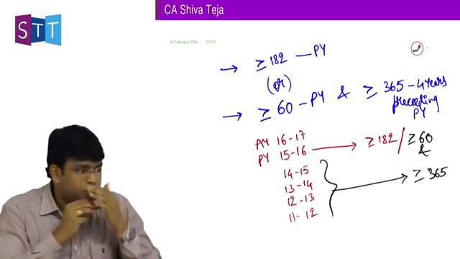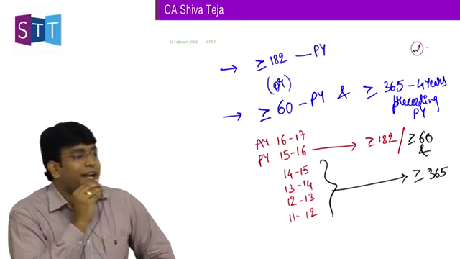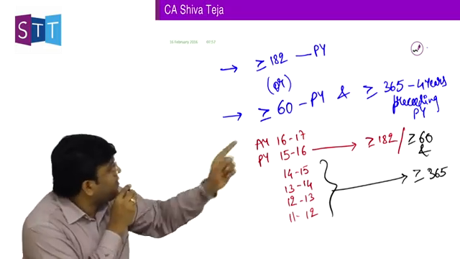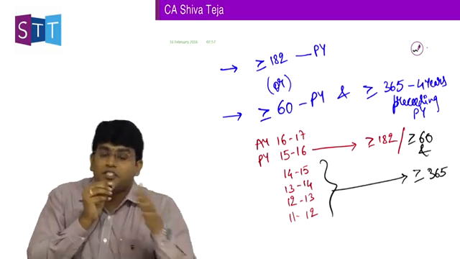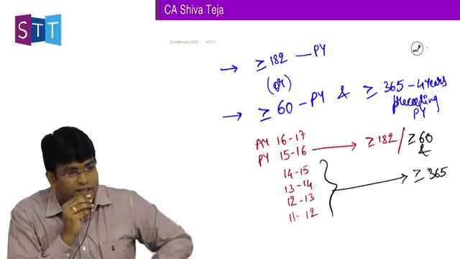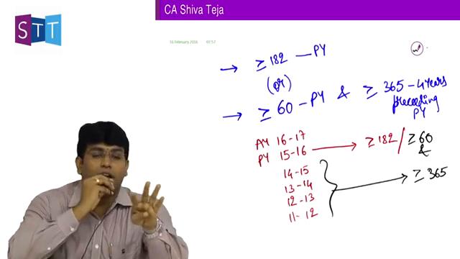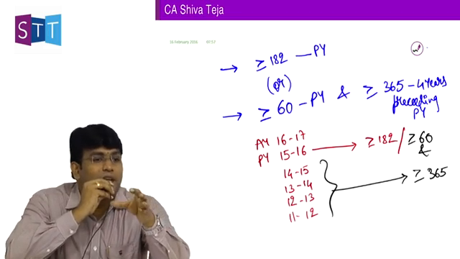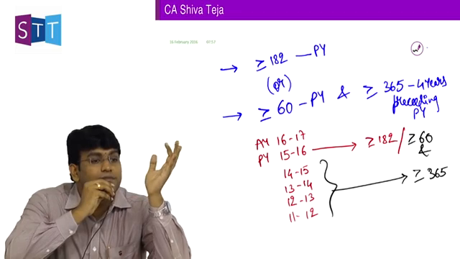Are we getting it, friends? What is the first condition? He must be in India for 182 days or more during the previous year, or he must be in India for a period of 60 days or more during the previous year and 365 days or more during the 4 years preceding the previous year. When I say he must be in India, he must be physically present in India.